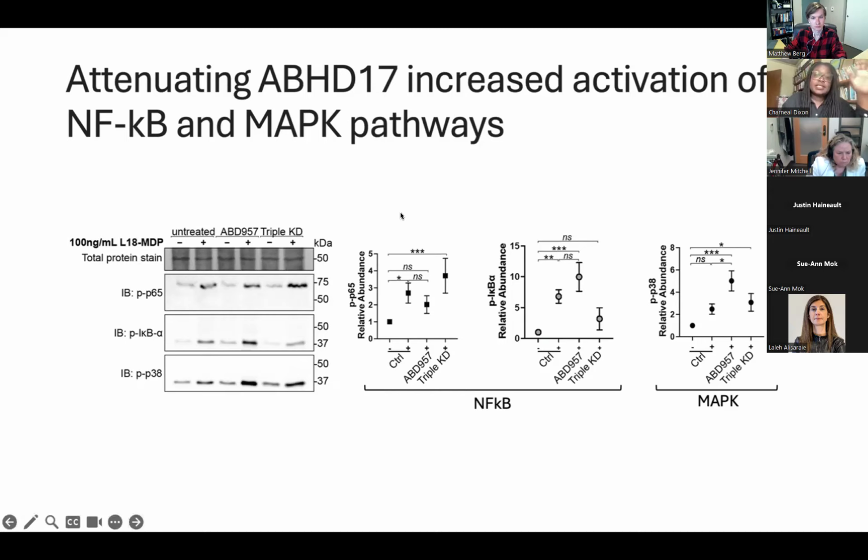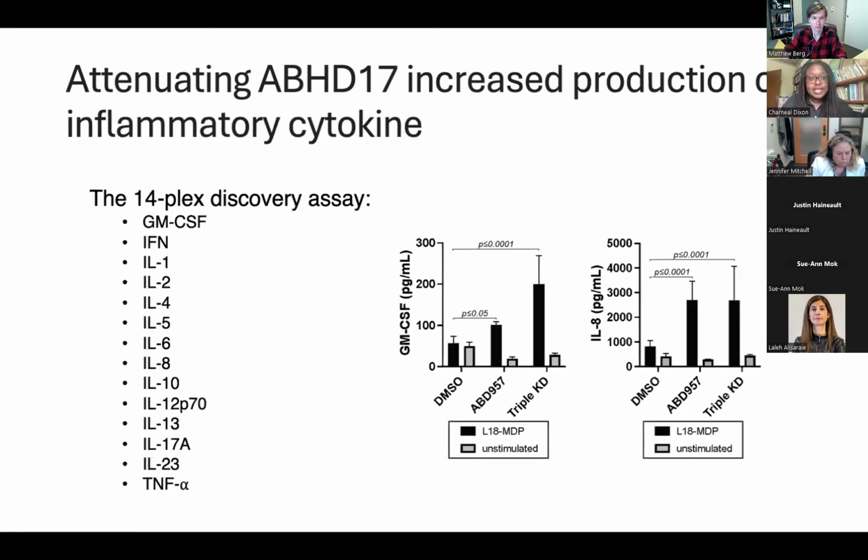We also took it a step further. Since both NF-kappa B and MAP kinase activation have the capacity to induce transcription of pro-inflammatory cytokines, we wanted to determine if the enhanced signal transduction that we saw would result in an increase in cytokine production. So both the chemical inhibition and the depletion of ABHD17 increased inflammatory cytokines, most notably GM-CSF and IL-8.